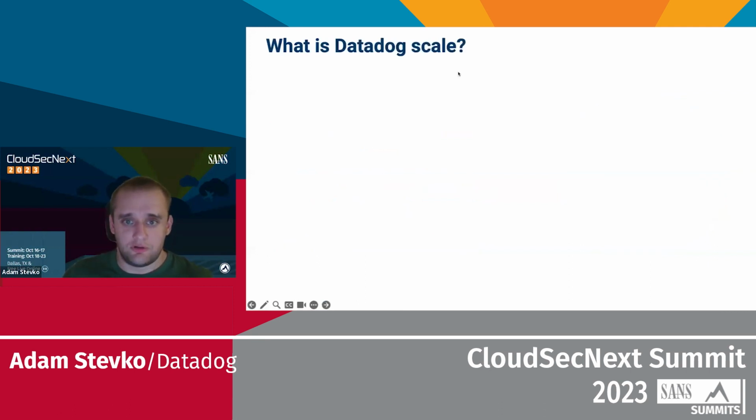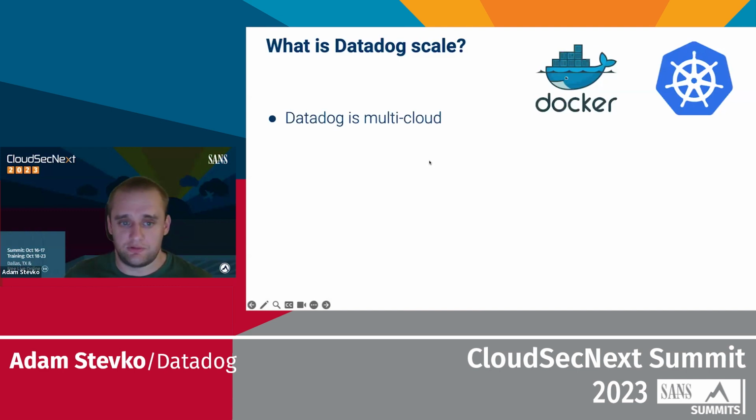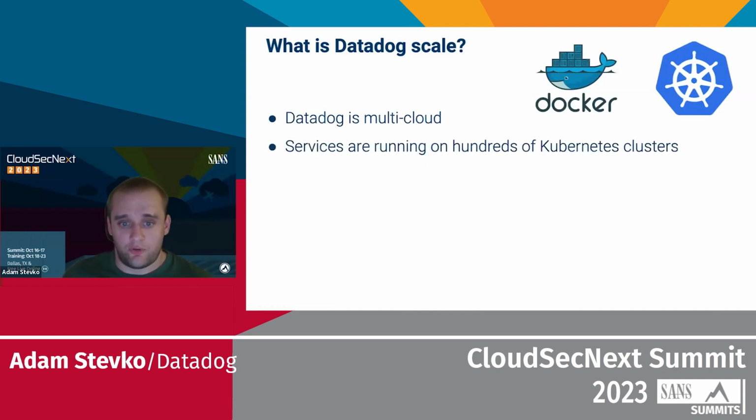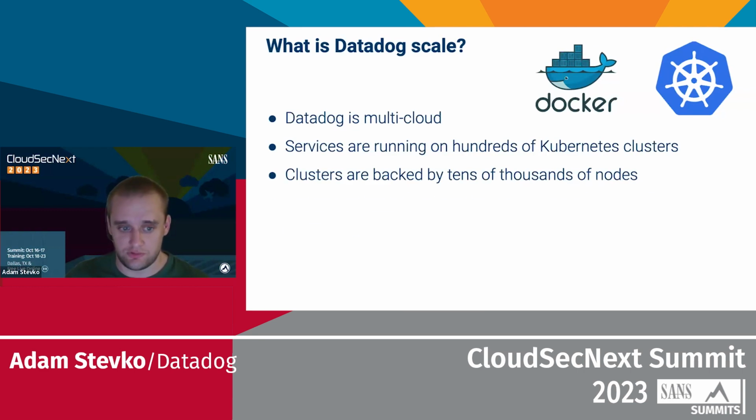In the name of the talk, I'm mentioning Datadog scale. So what exactly is Datadog scale? As you might know, Datadog is a multi-cloud company. Our services are running on top of hundreds of Kubernetes clusters, and these clusters are backed by tens of thousands of nodes.